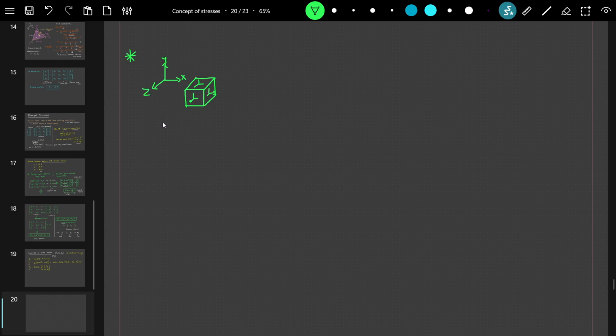Let's denote it as sigma ij. Now, let's transform this coordinate system, or find the stress components with respect to another coordinate system. We can say, let's rotate this coordinate system to x' y' z'.